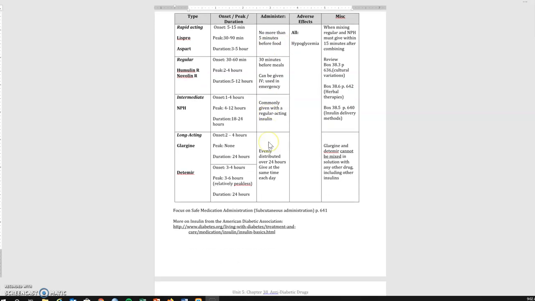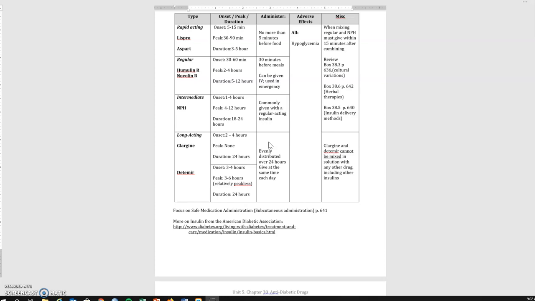The long-acting insulins are Glargine and Detemir. Their onset is 2 to 4 hours after administration and they have either no or a relatively peakless duration so that the blood glucose control remains the same over the 24-hour period.